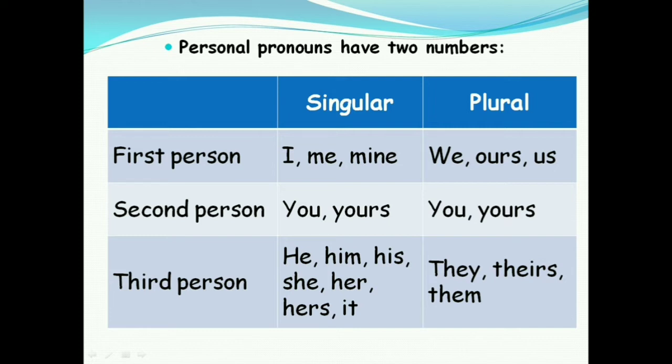In the second person personal pronoun, they are you and yours in both singular and plural. And in the third person personal pronoun, in singular, they are he, him, his, she, her, hers and it. And in plural, they are they, theirs and them.